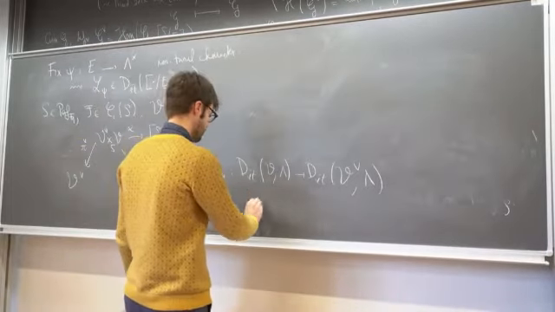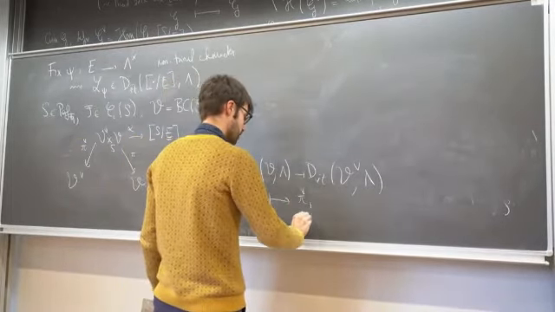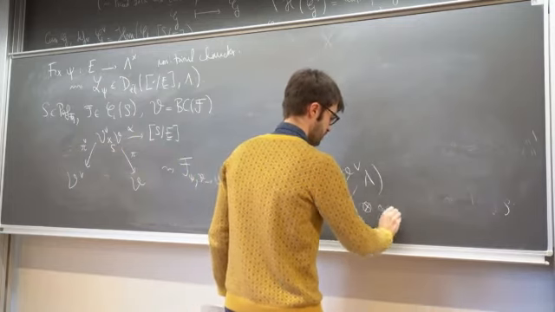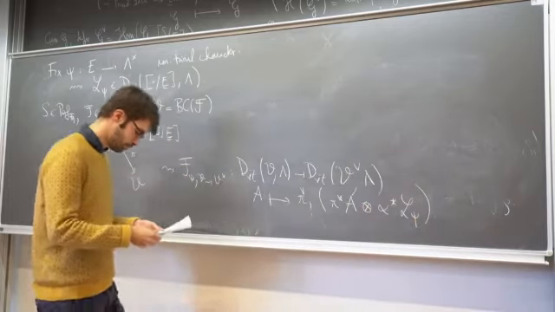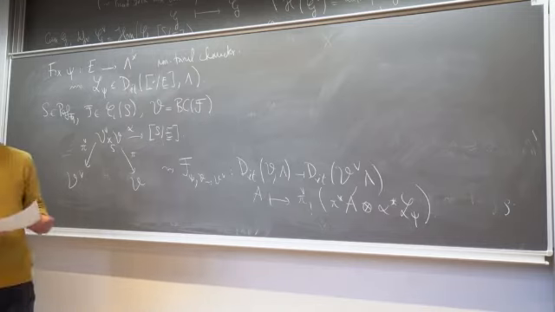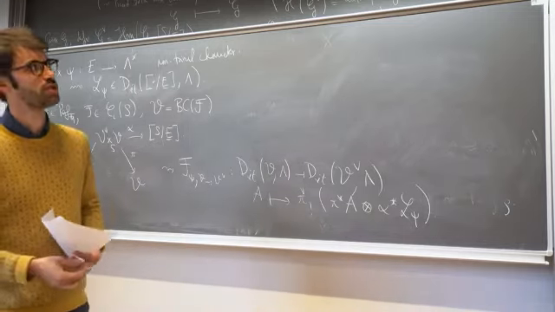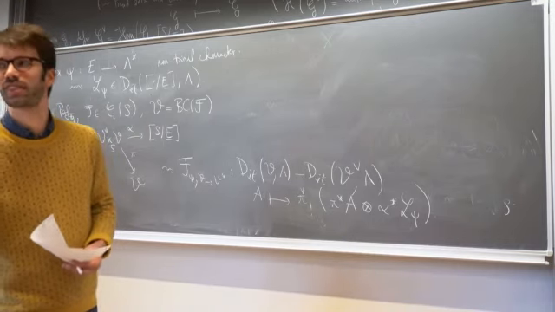And what it does, it sends A to the pushforward of the pullback of A on pi, tensored with the pullback of the sheaf for psi. What is Lambda again? Lambda was my coefficient ring, which I assume to be torsion. Torsion prime to p, yes. Okay.